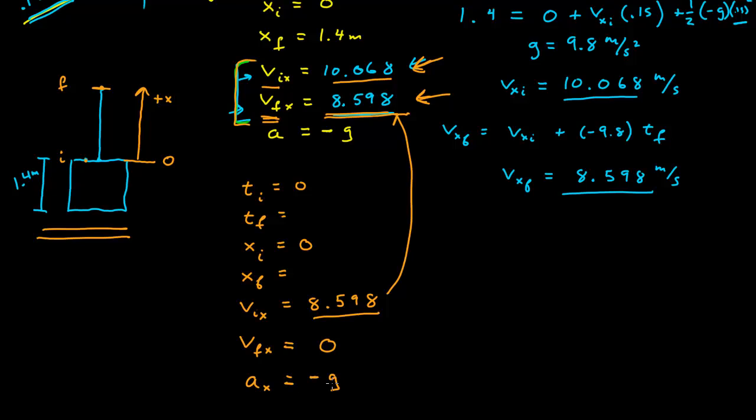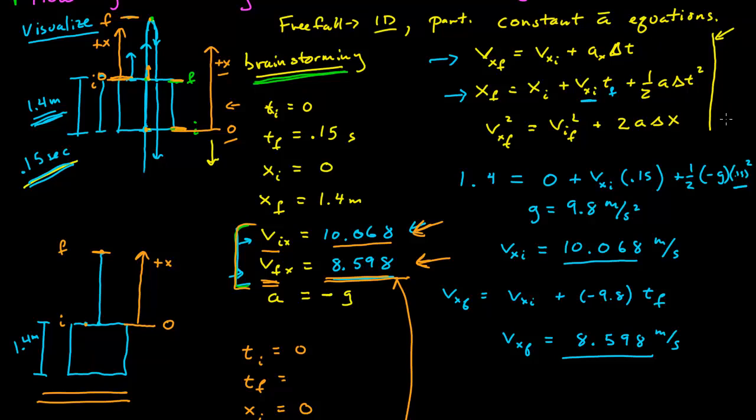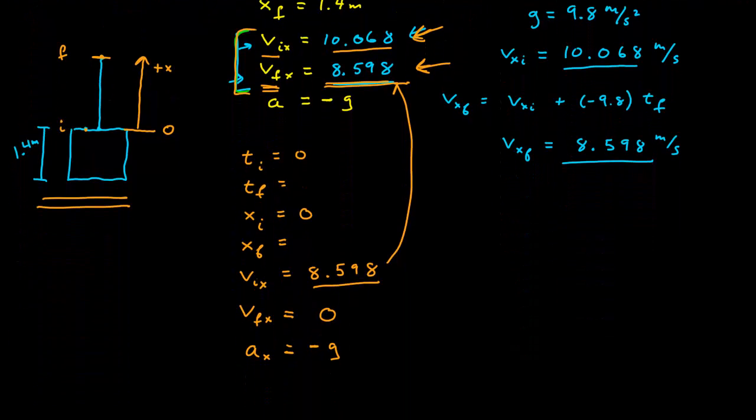It looks like I have plenty of information to solve now. I'll go back to my handy relationships, and right here I know initial and final velocity, I know my acceleration, and I can come up with the displacement. So I'm going to use that to solve for how high it goes.